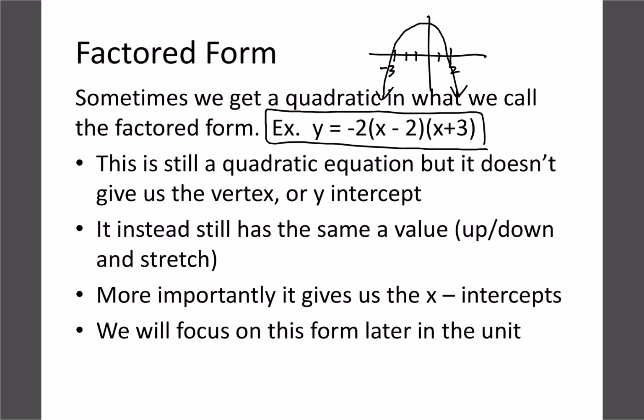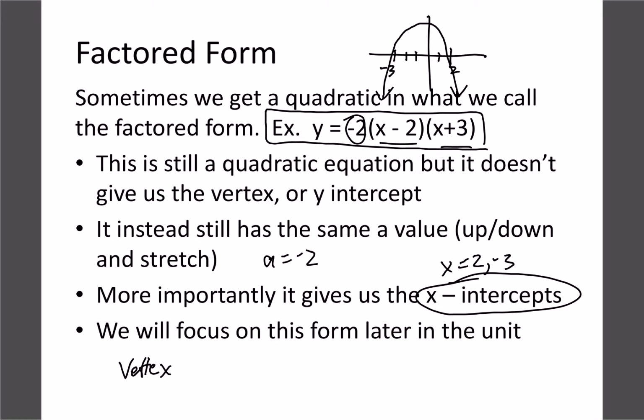We still have an A of -2, so that part we know, our A value still is given to us. But now, instead of the vertex or the y-intercept, we get the x-intercepts. In the factored form, we can see our x-intercepts end up being 2 and -3. They're opposite in the formula, just like it is for the P. Like I said, we're going to focus on this form a little bit more later in detail. For now, it just gives you an idea that there is a different way of doing it. So the vertex form gives you the vertex.